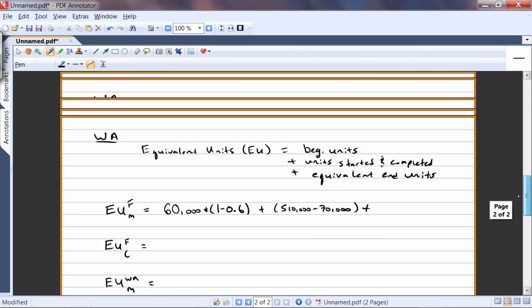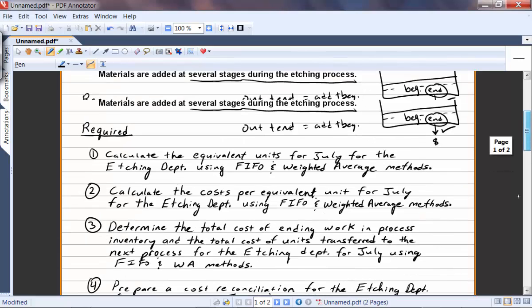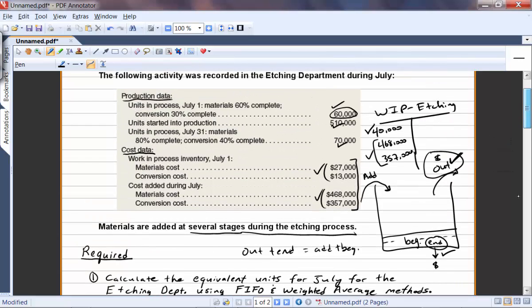Plus, and the final thing here is the equivalent ending units. There are 70,000 left at the end, and with respect to materials, they're 80% complete.